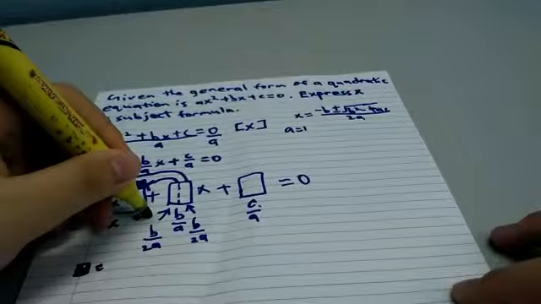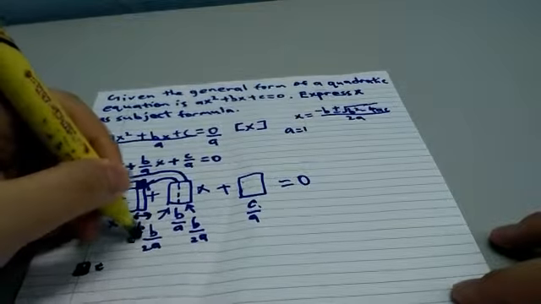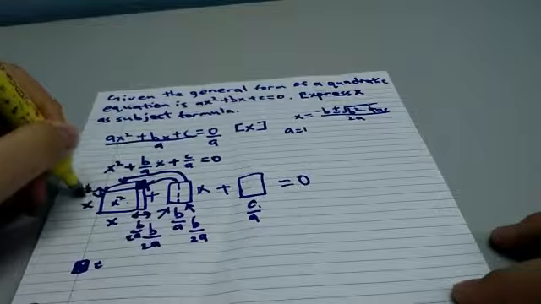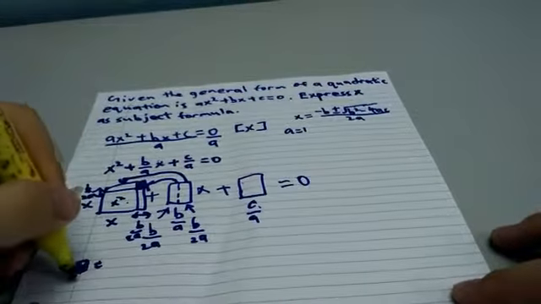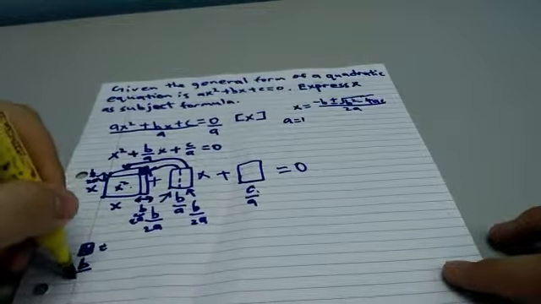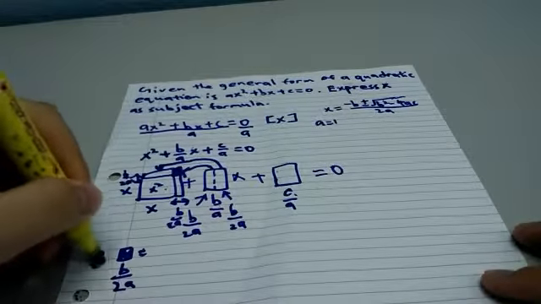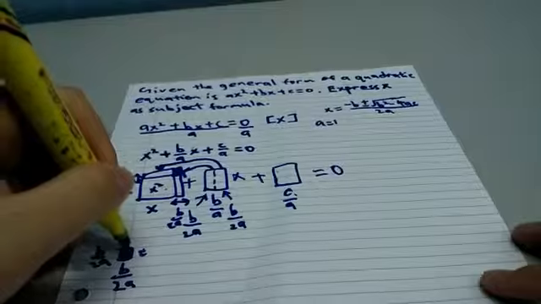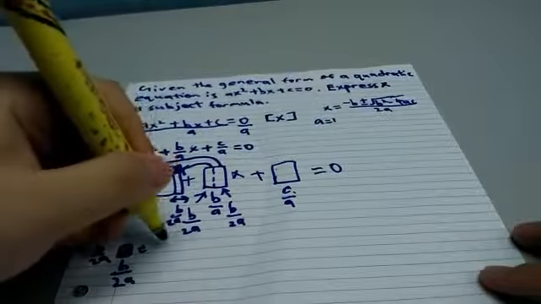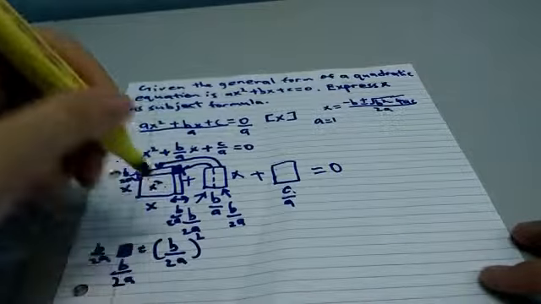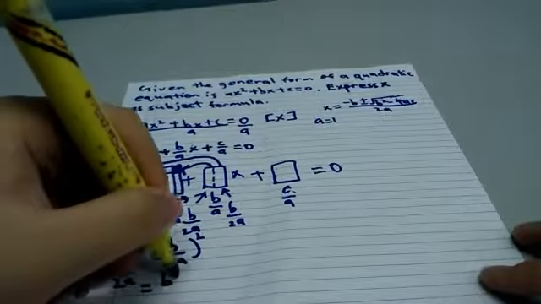Since the length here is b over 2a, here also is b over 2a. So the length here is b over 2a, and here also b over 2a. So the area of this small square is equal to b over 2a squared, which will make it b squared over 4a squared.